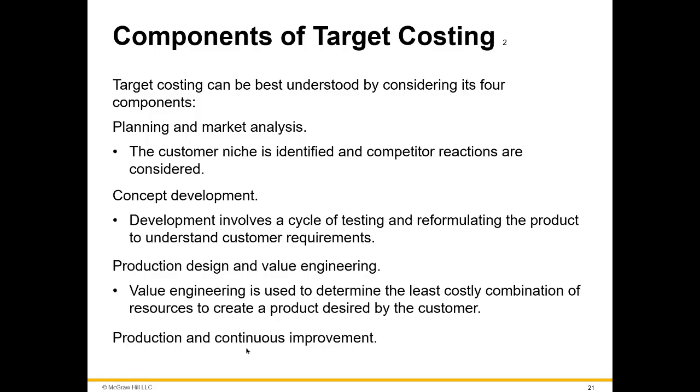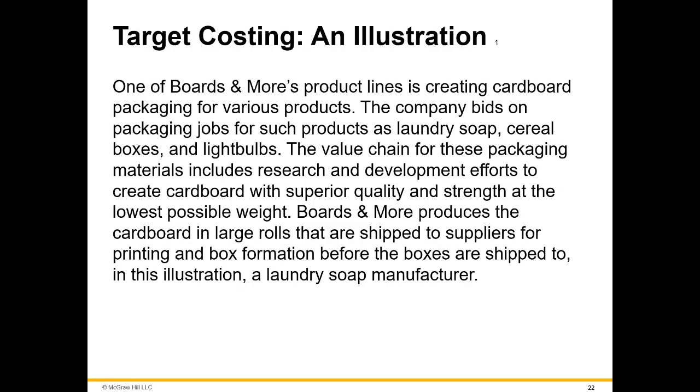So as we're illustrating using Boards and More's product line, they're creating cardboard packaging for various products. The company bids on packaging jobs for such products as laundry soap, cereal boxes, and light bulbs. The value chain for these packaging includes R&D to create cardboard with superior quality and strength at the lowest possible weight.